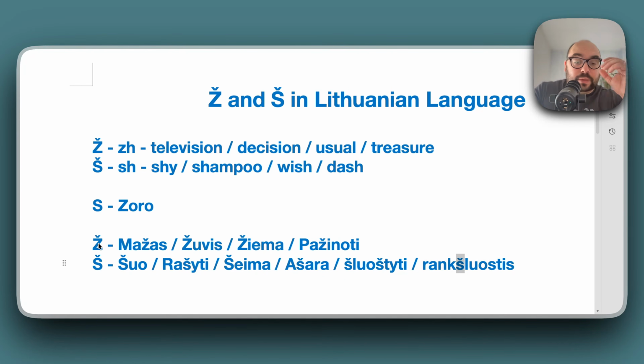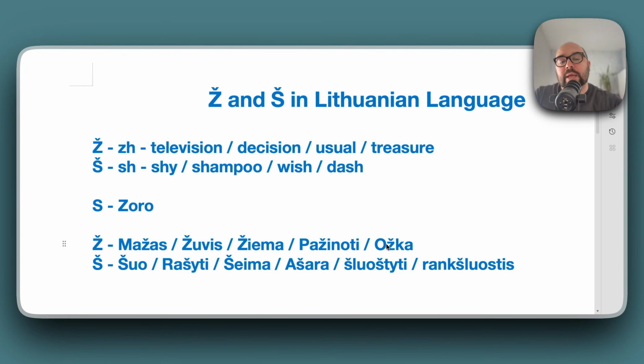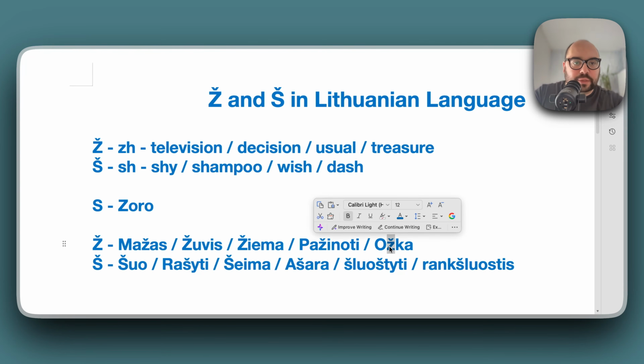This is the difference between these two sounds. Sometimes there are going to be some exceptions. I wouldn't worry too much about them because you will learn this in time with practice. But for example, a word like ožka has the zh sound, like television, usual, treasure, decision. But if you say it fast, it becomes oška. So basically, no vibration there.